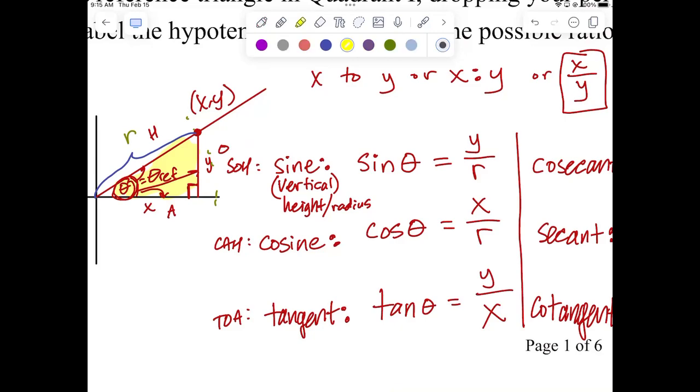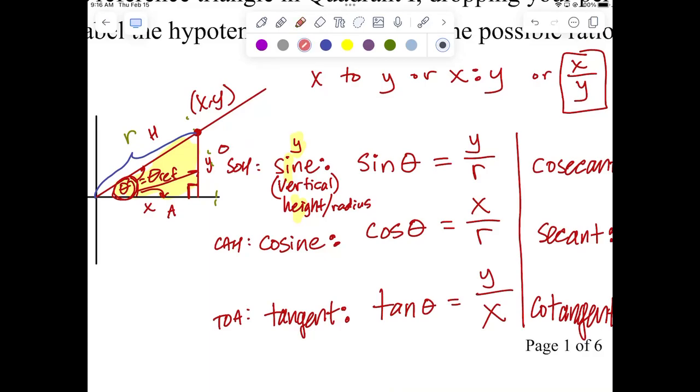Here's an easy way to remember: sine is height. They both have the same long I sound. Sine, height, and it's determined by the y variable. Sine, y, height. Got it?